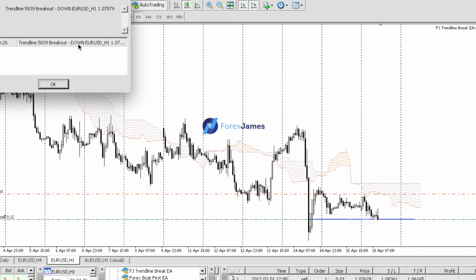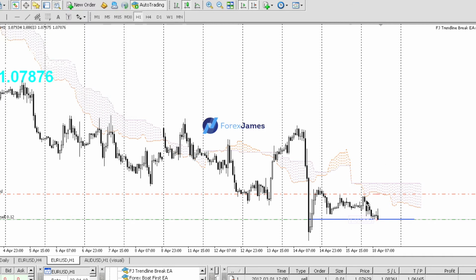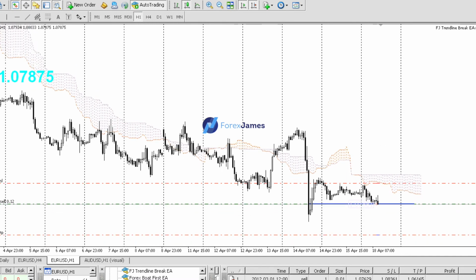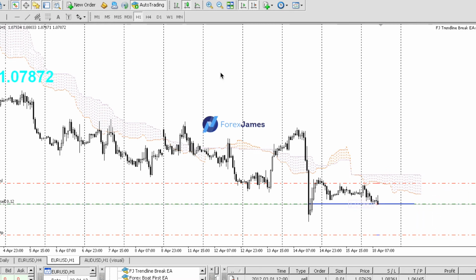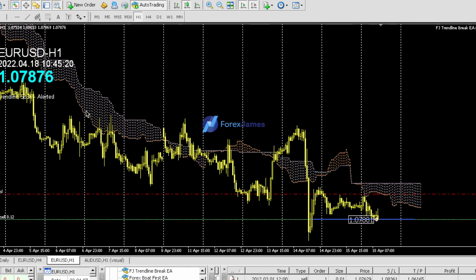We just got in a breakout trade to the downside, stop loss above the highest of the previous last 10 bars, and a TP multiple of 1.5x of the stop loss distance. If you want, you can change your background to a darker color so you can see more data on this side here.